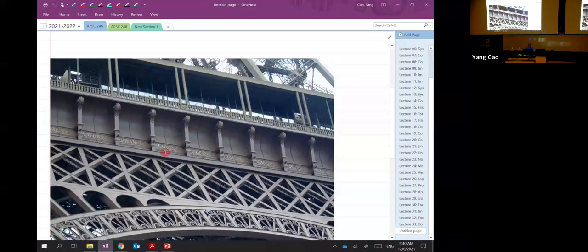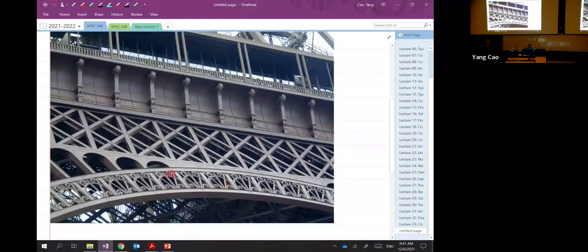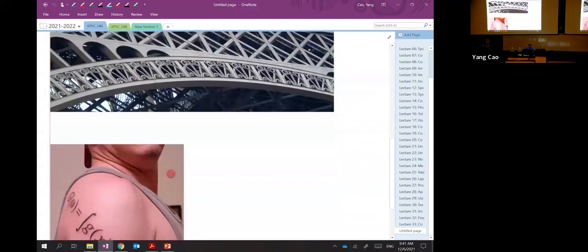There are 72 names. Of course, Lagrange is right here, Laplace right here, Fourier probably somewhere on the other side of the tower. And I doubt people actually notice that when they visit the Eiffel Tower.